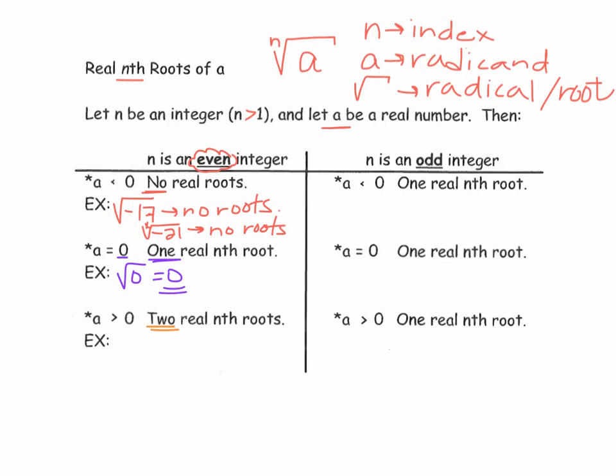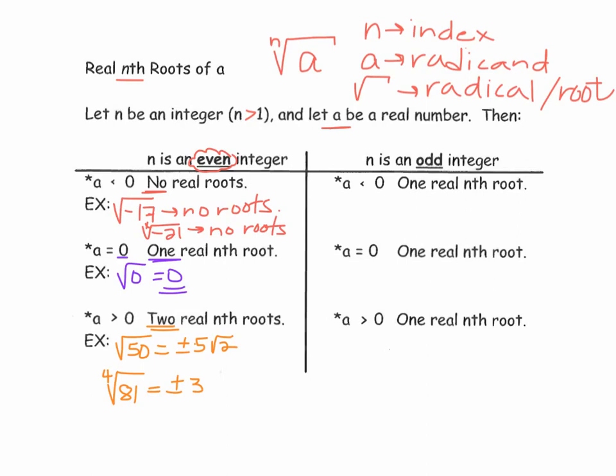For example, when we did the quadratic formula, if we ended up with the square root of, let's say, 50, we had the plus or minus out in front of it, and then we could simplify that into 5 times the square root of 2. But if you also have something like the fourth root of, let's say, 81, that would be true for both 3 and -3. You could take 3 to the fourth power and get 81, and you could also take -3 to the fourth power. And those are the rules you apply when you have even integers for your index.